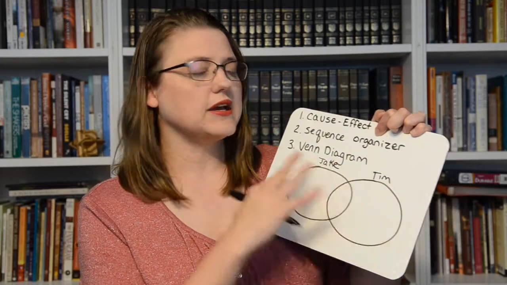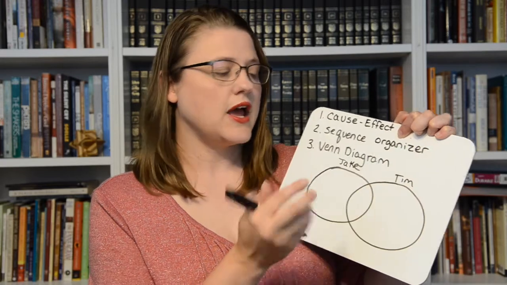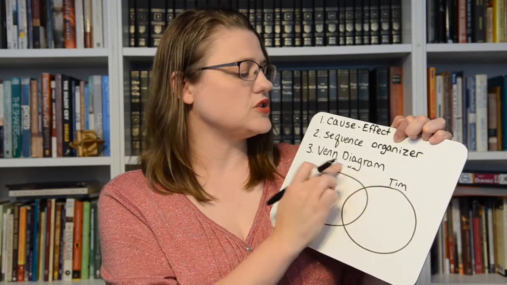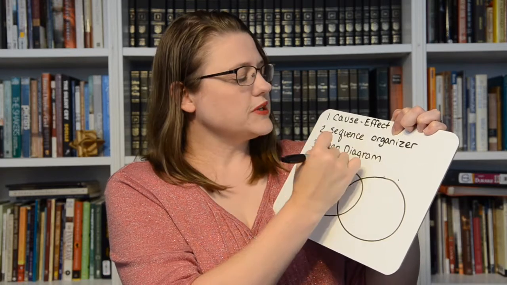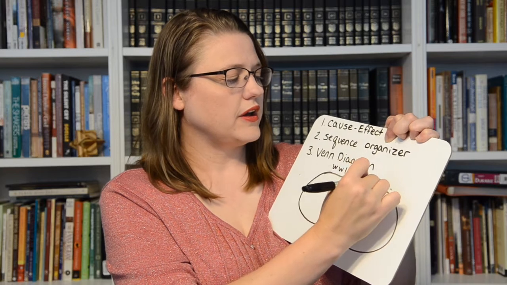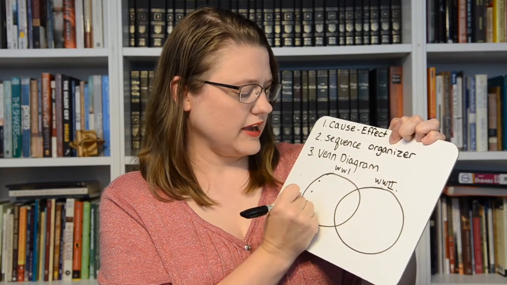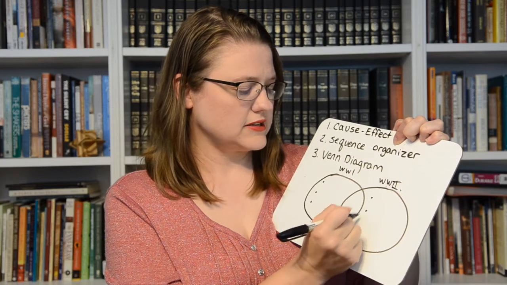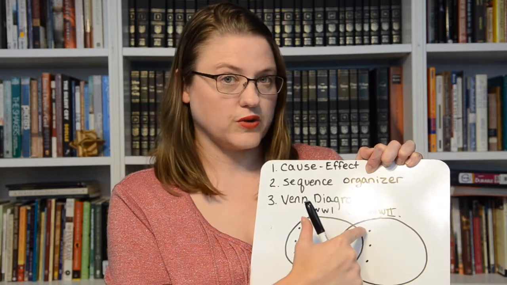So you're showing, comparing and contrasting. How are they the same? How are they different? And what I like to have students do, if you're doing something where it's specific points, I like to line them up like this, so that they can see how this contrasts with this.